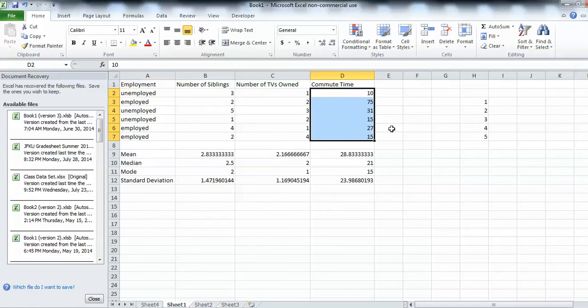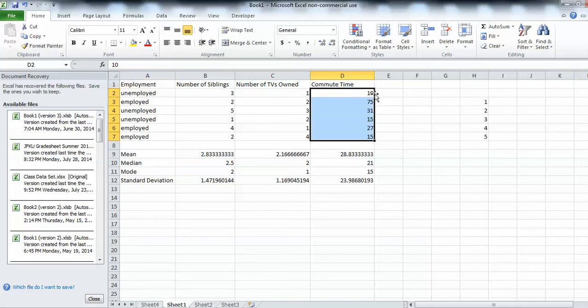So if you try to do bins of 5 and you end up with way too many bars, like if you end up with more than 15 bars, then I would go by 10s instead, so you wouldn't have as many bars. Usually you want to have somewhere between 5 and 15 bars, but not more than 15.